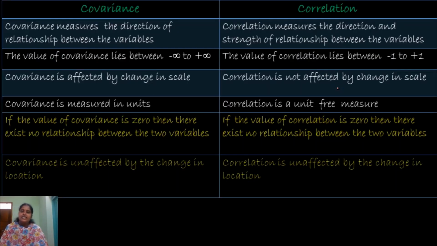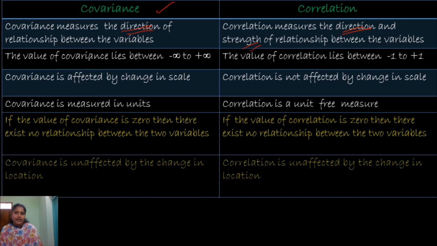Before we come to a conclusion, let us have a short revision over covariance and correlation. Covariance measures the direction of the relationship between the variables, whereas correlation measures both the direction and strength of the relationship.